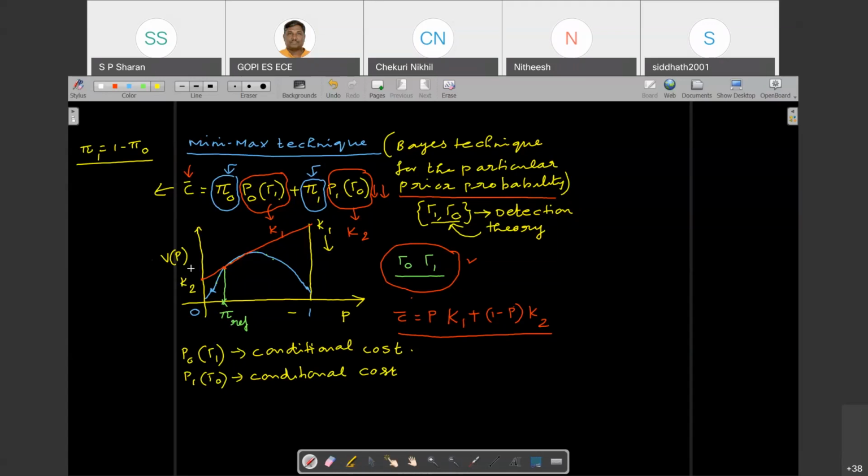So if K2 is greater, that one I am trying to minimize. If I keep on doing that, the best way to attack this problem is choosing this pi reference here for which this value is going to be the peak, the max of your V of P. So even if you get deviated from this original value, your cost function is going to be flat, you are safe. This is what we call this as a minimax technique, right?